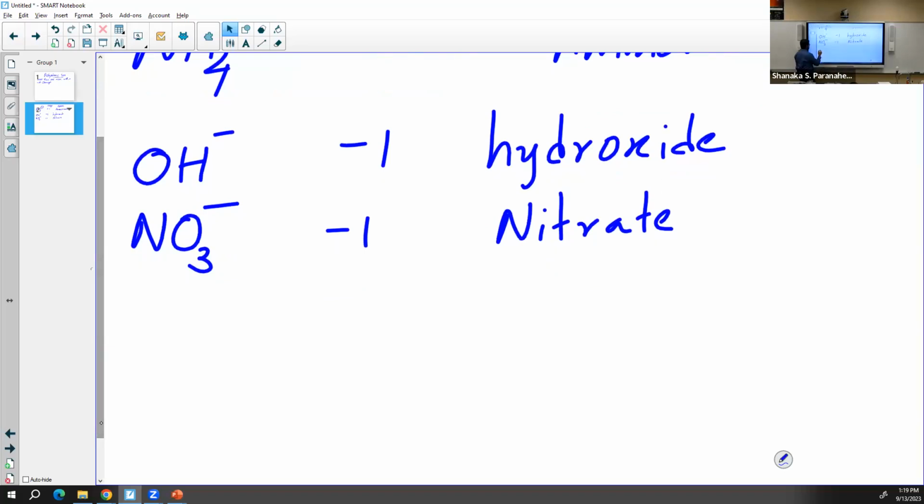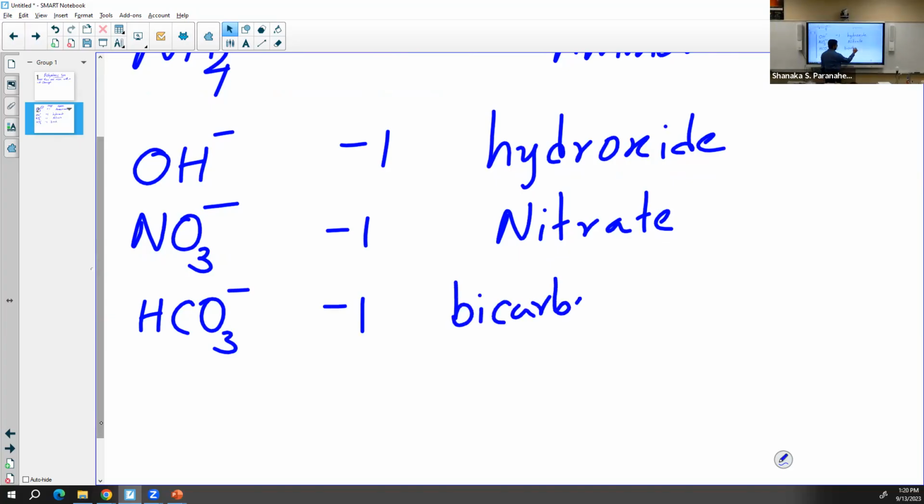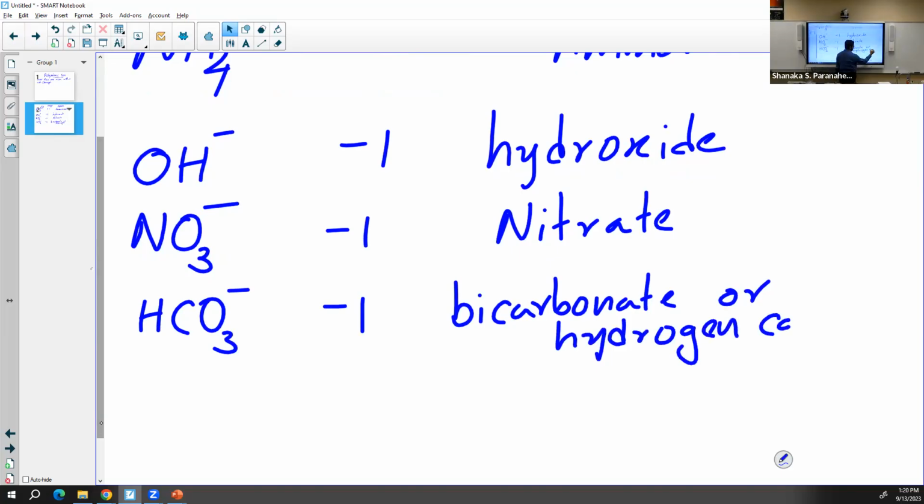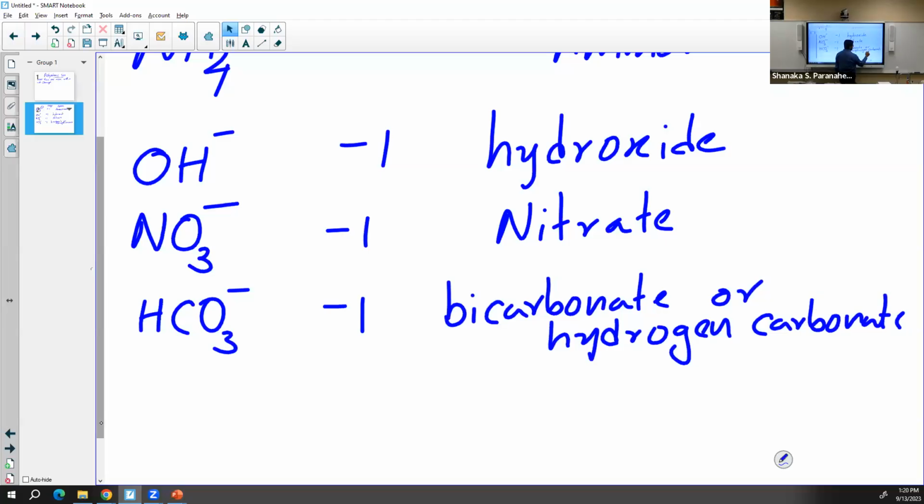The next one, HCO3 minus. Again, the charge is -1. This has two names, bicarbonate or hydrogen carbonate.